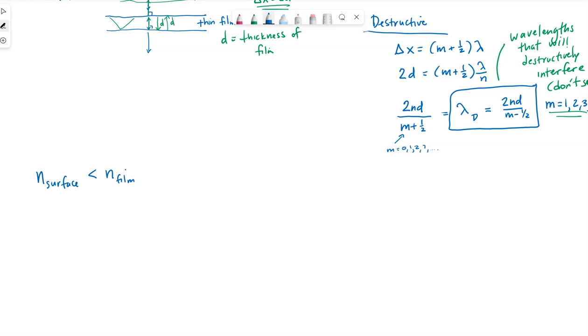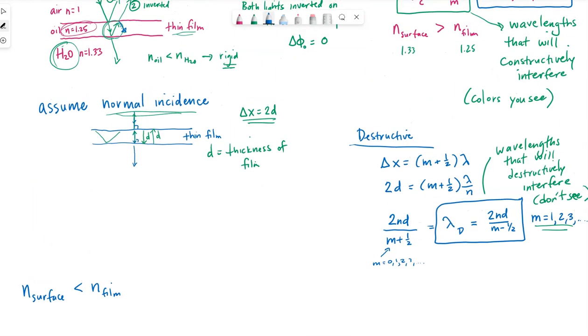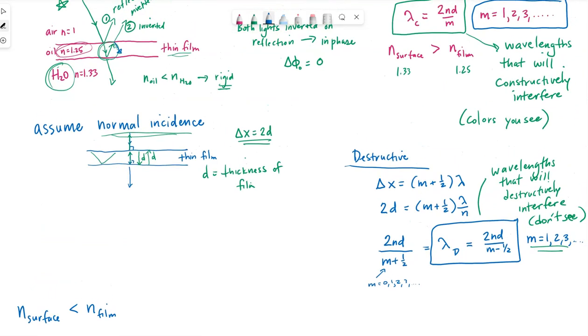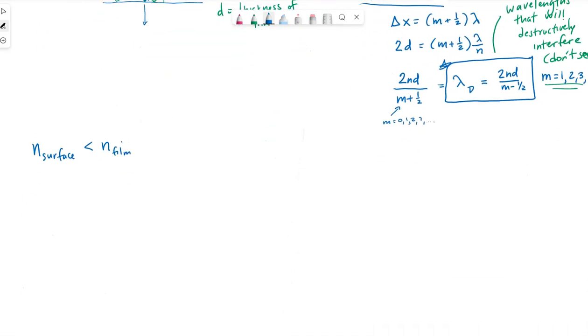So the example we just solved, I wrote it up here, we were talking specifically about the surface's index of refraction being larger than the index of refraction for the film itself. And these equations are perfectly useful for that situation. But that does not need to be the only situation.